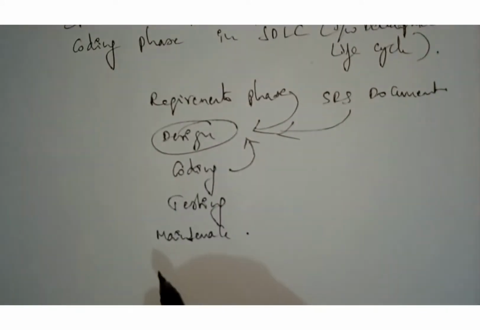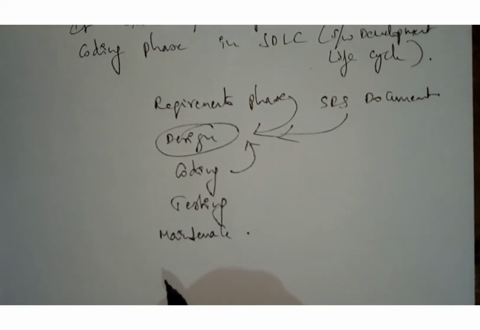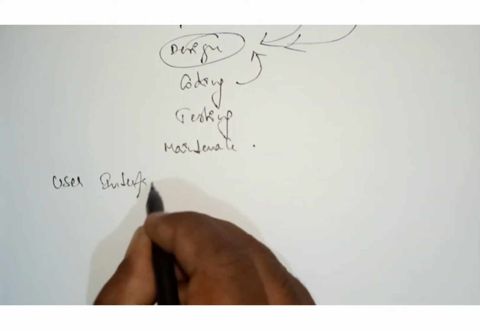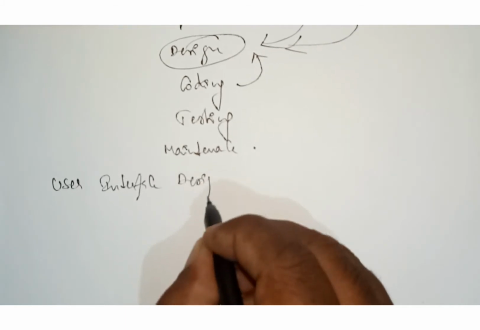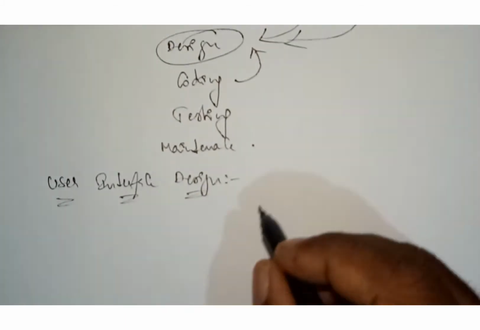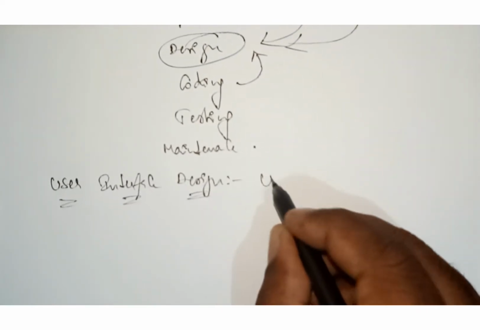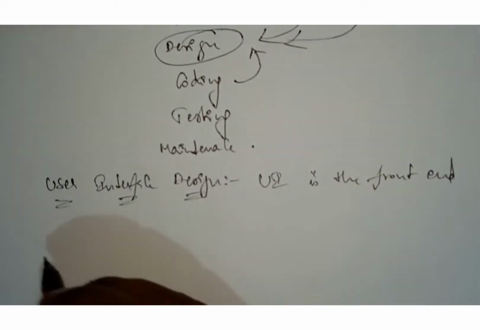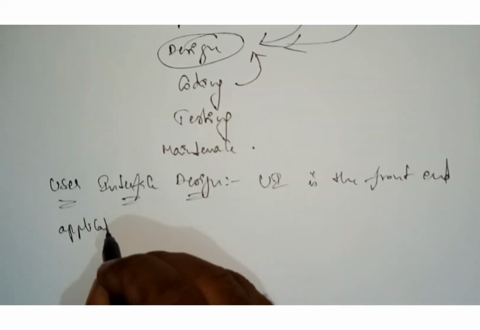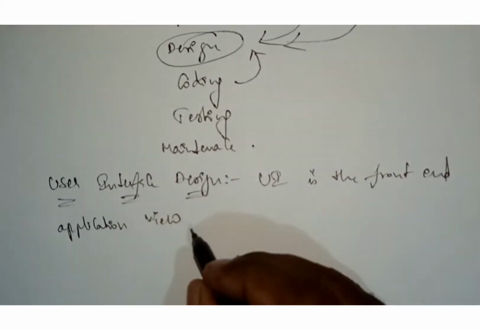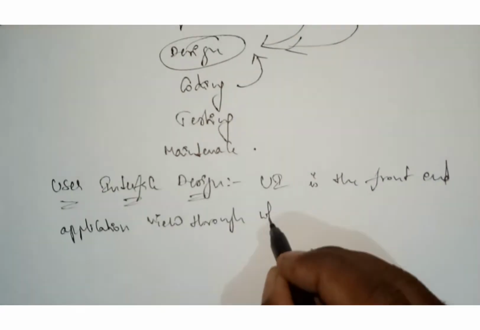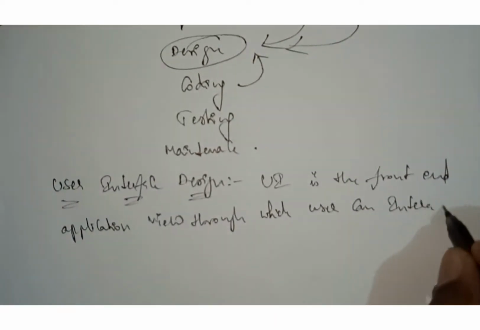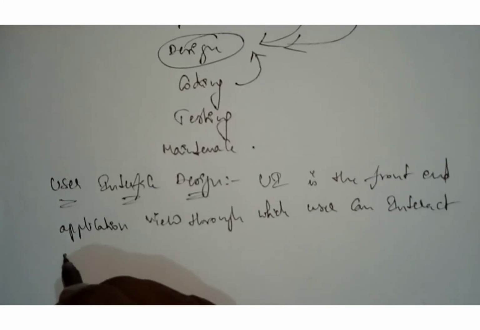Now we'll look at what user interface design is. User interface design is the front end view, the front end application view through which the user can interact in order to use the software.